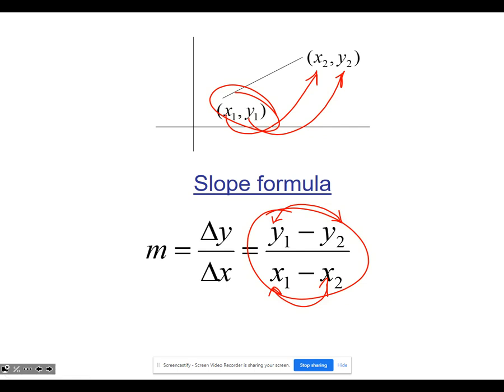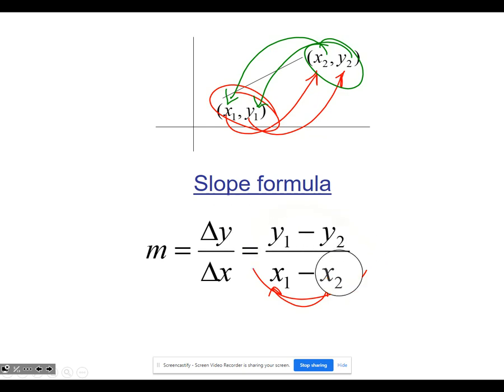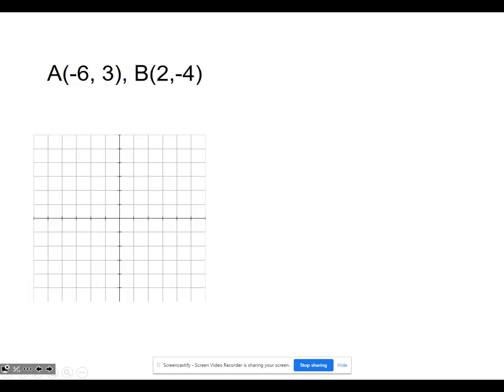If you had decided to start at this point and subtract y minus y and x minus x, you just got to be consistent, all right? So it really doesn't matter which way this formula is written.